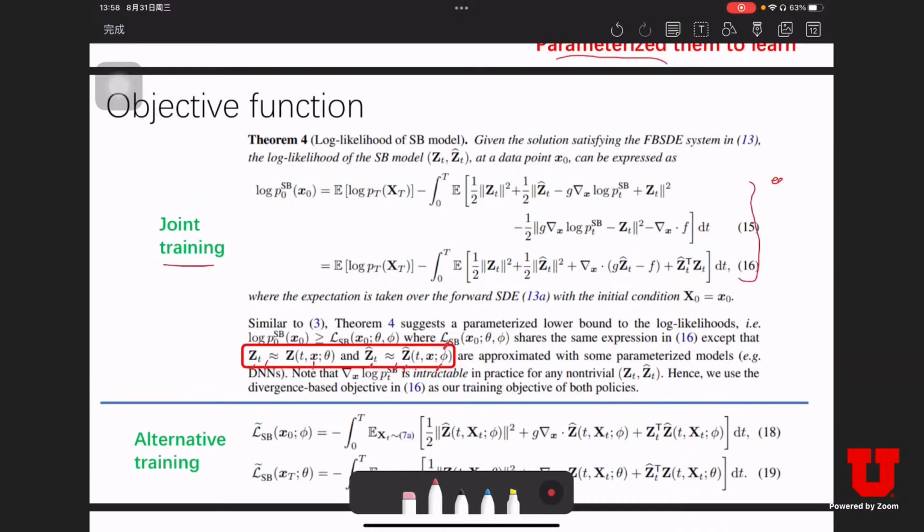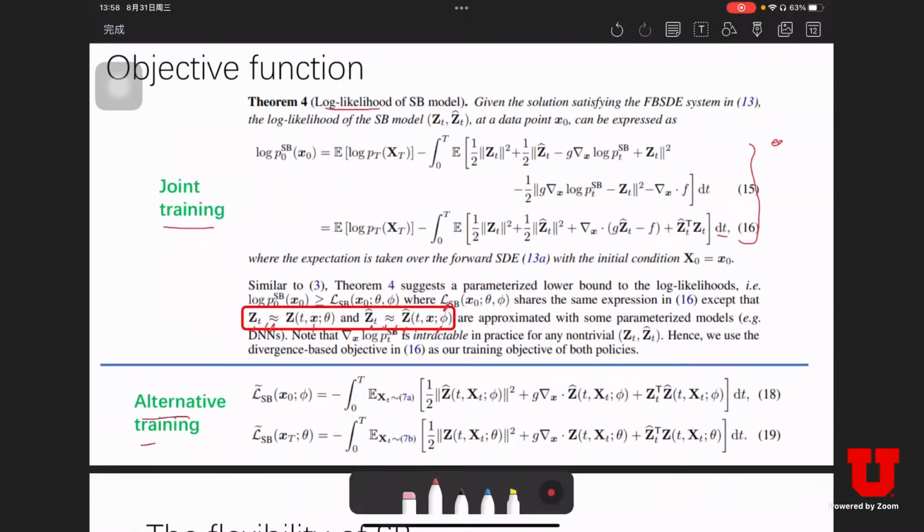Still, why it holds involves lots of hard math. Just keep in mind, based on the likelihood, we can work out a joint training loss function to optimize Z_t and Z hat t. Another alternative training method is to train Z_t and Z hat t separately.